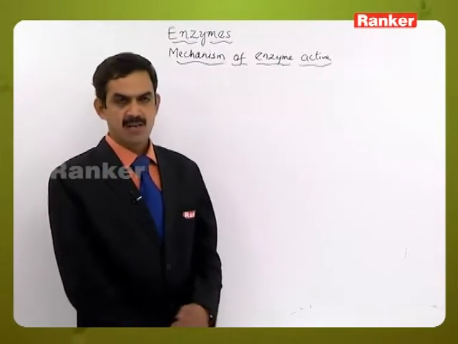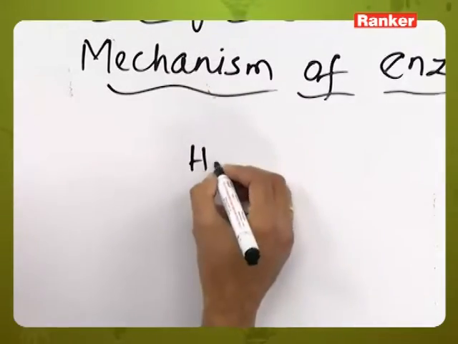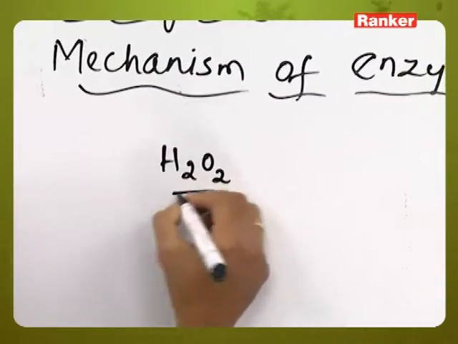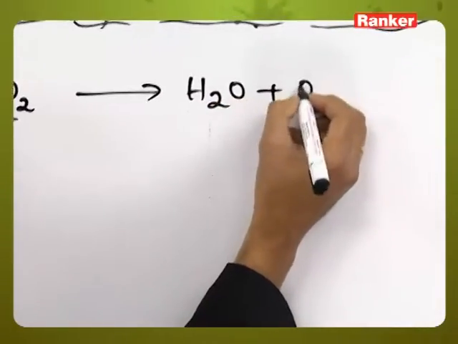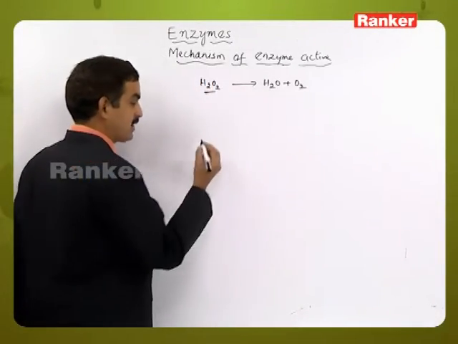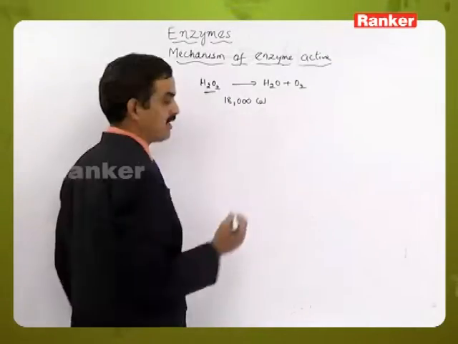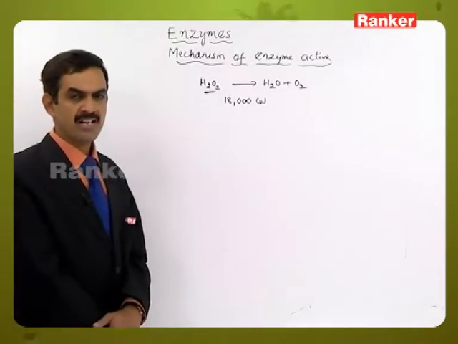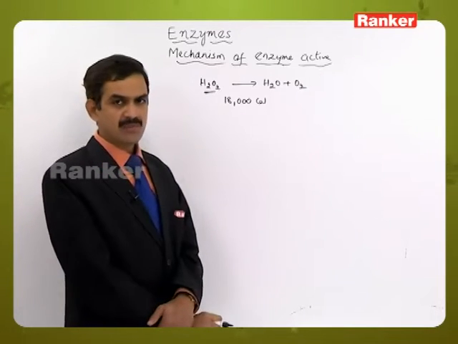Let us take the example of the conversion of hydrogen peroxide into water and oxygen. In this process 18,000 calories of energy is required, or the activation energy will be 18,000 calories, but that is in absence of the enzyme.